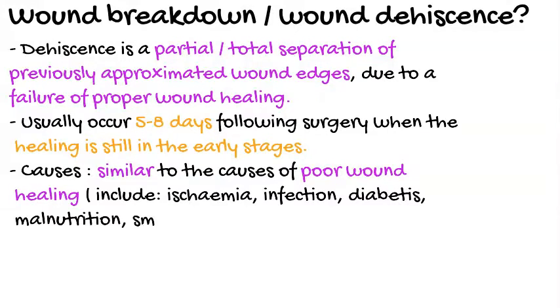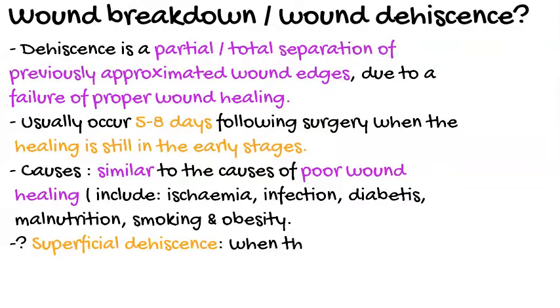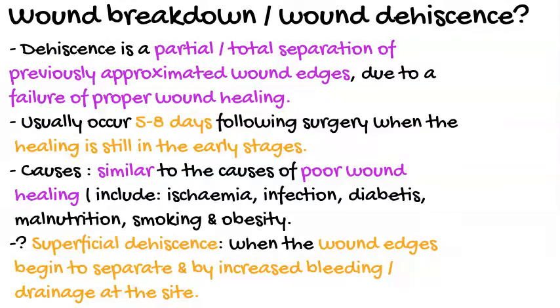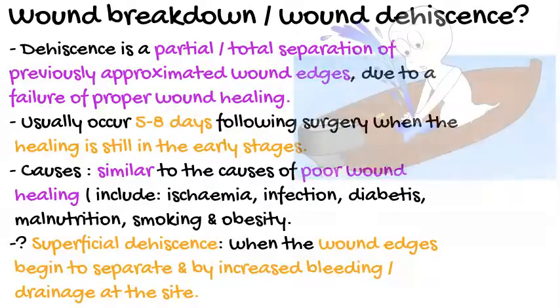The causes are similar to the causes of poor wound healing. These include ischemia, infection, diabetes, malnutrition, smoking, and obesity. What is superficial dehiscence? It is when the wound edges begin to separate and there is an increase in the bleeding or drainage at the operative incision site.